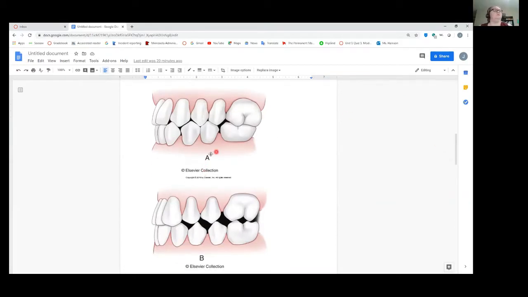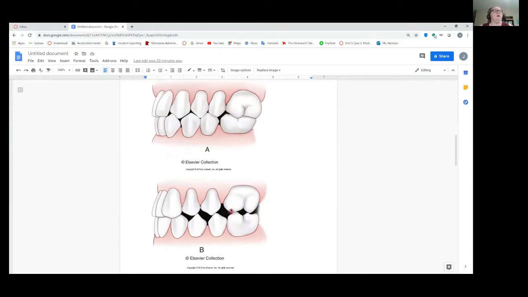So we want our cusps to interlock, as was said, right? Why would B be a bad thing? Because over time, the cusps wear down. Yes, the cusps are going to wear down very quickly. Very good, Samantha. So we want that interlocking.